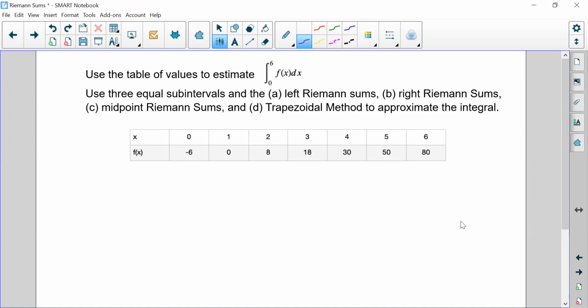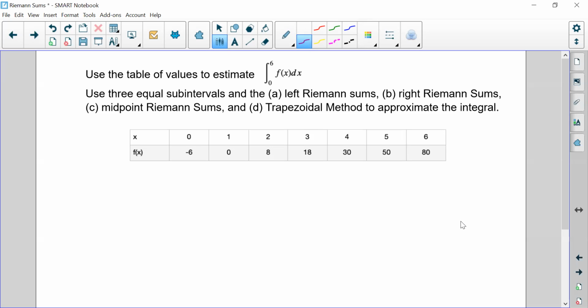Now you'll see two types of tables. One like this one, which was nice and convenient, and the person thought ahead and did nice equally spaced intervals where they found the data. So this is where we will have a delta x. If the spacing is nice and equal, then you can find a delta x. And we'll be able to use it just like all the other problems that we've done so far.